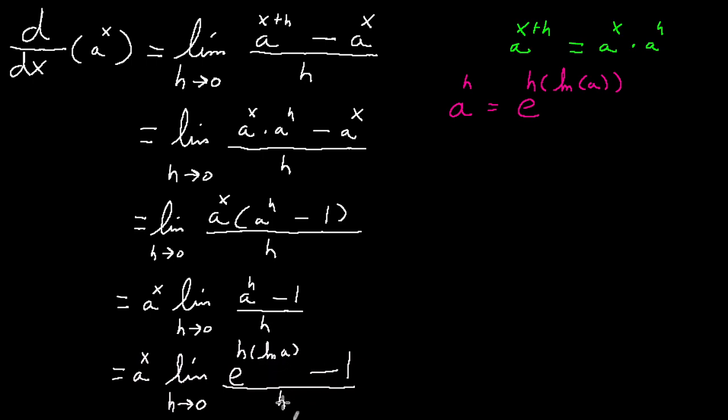The denominator will go towards 0. So you're going towards a to the x times 0 over 0. And we know that when we get 0 over 0, that's an indeterminate form, and so we need to do some more work on this, okay?